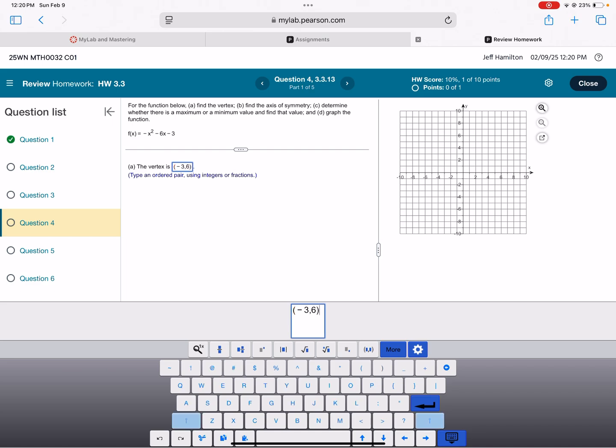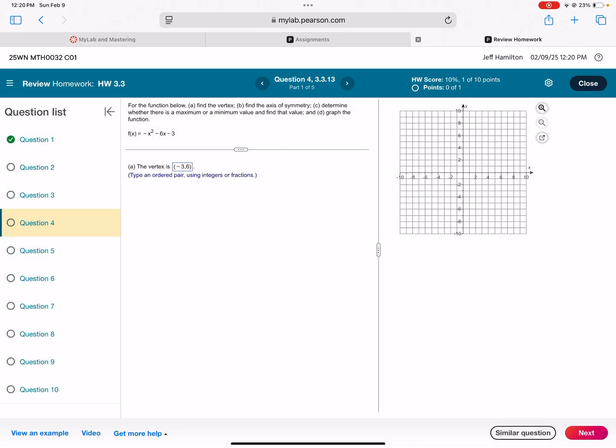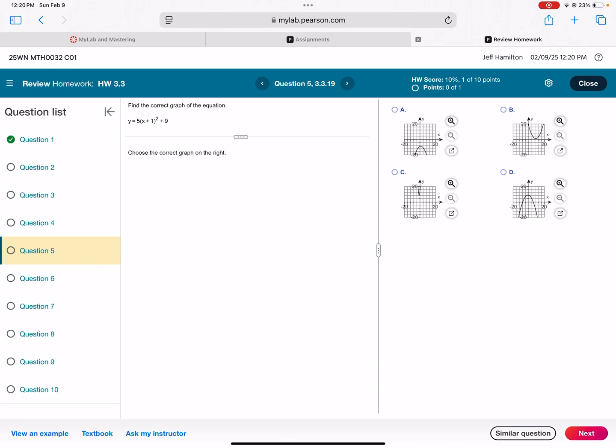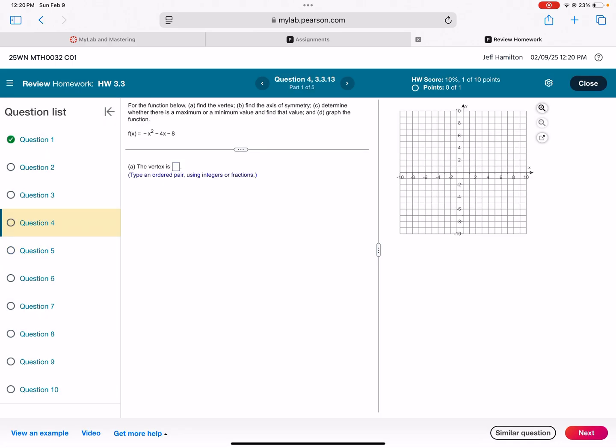That's my vertex. Next, now, oh no, I wanted to go back. Where's my question? Back to question 4. Oh, now they've changed the question on me. Shoot. Darn.